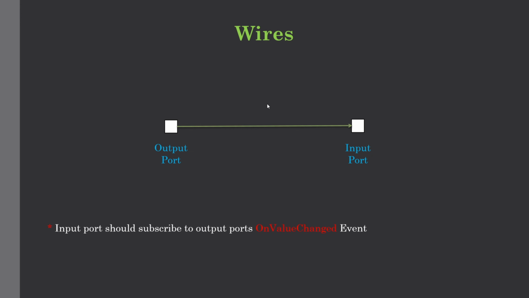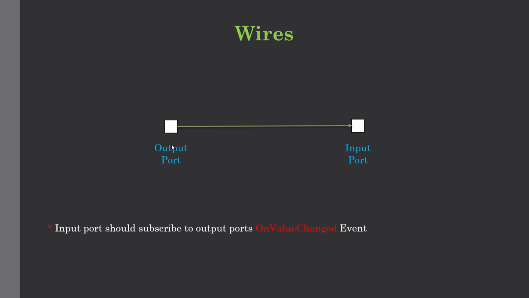Also, let me explain how the wires will work. If you remember from the previous videos, in the port we declared an event on value changed, and this event will be invoked when the value of the port changed. So what the wire will make is actually making the input port subscribe to the output port's events.